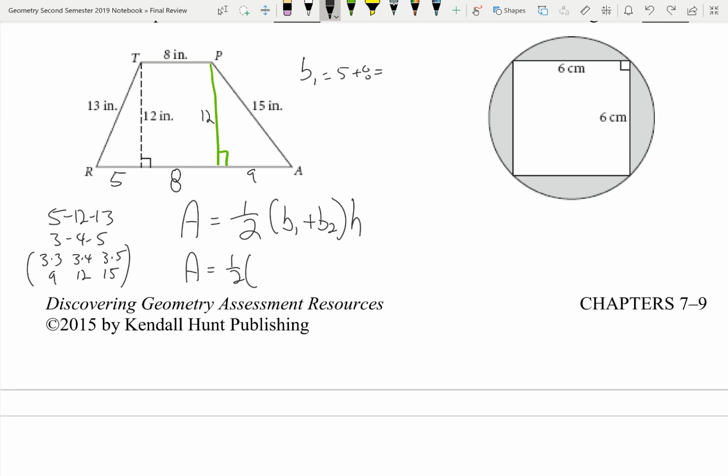Oops. 5 plus 8 plus 9. That's going to make it 22. B2 is going to be 8, and so that's going to be 22 plus 8 times the height, which is 12. And when you do the math there, you're going to get 180. And again, our units are inches squared.